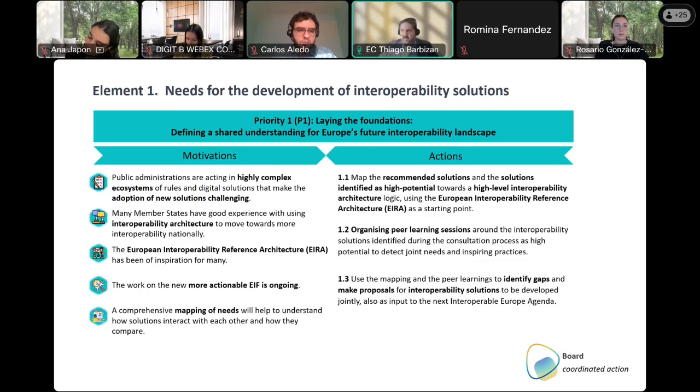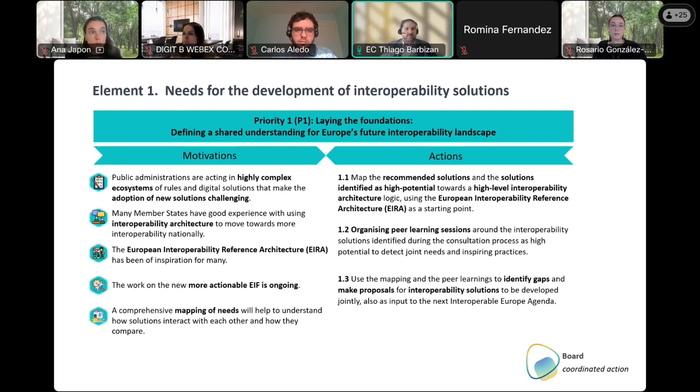So what the permanent working group is doing now, there is a dedicated task force to really map these solutions that are being recommended, using EIRA, the European Interoperability Reference Architecture, as a starting point. A series of peer learning sessions are being organized around these solutions to discuss them and to assess them against the criteria that was set by the board.